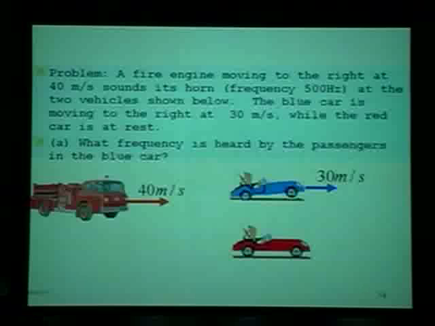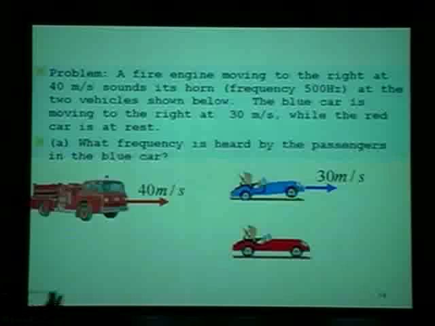Yeah, as an overview, you can just look at the whole situation. The blue car is moving slower than the fire truck, so in relative motion, they're actually moving closer to each other. So your intuition is that the frequency should go up, even though there are mitigating things going on.